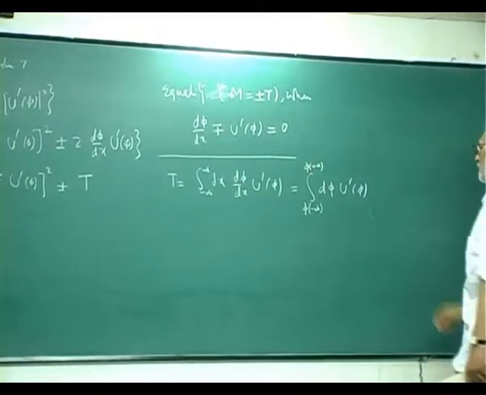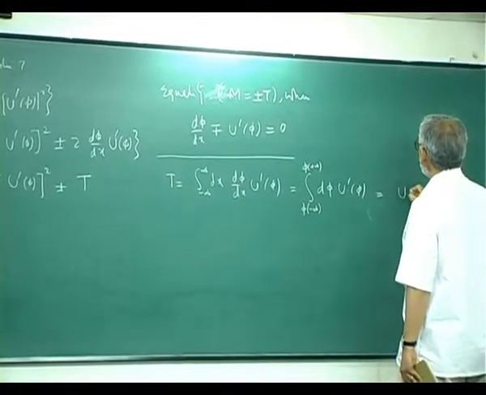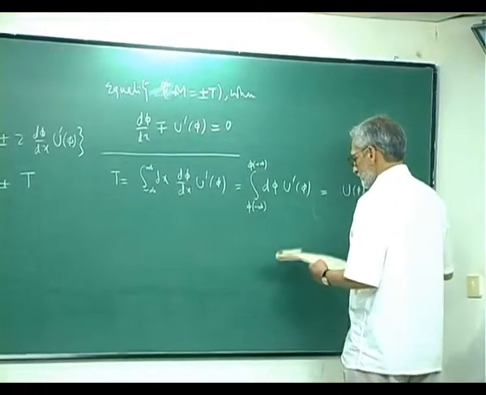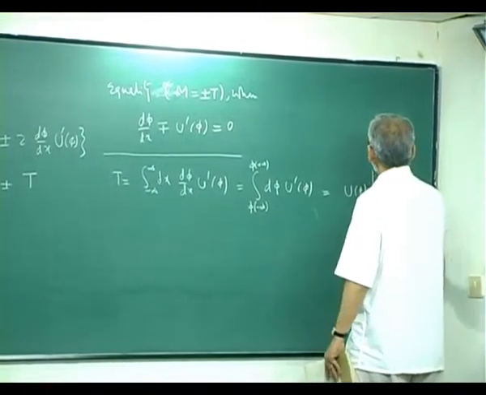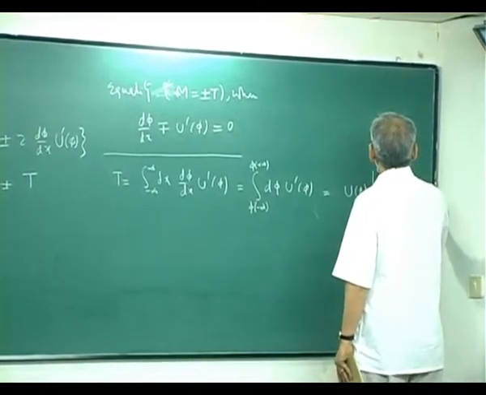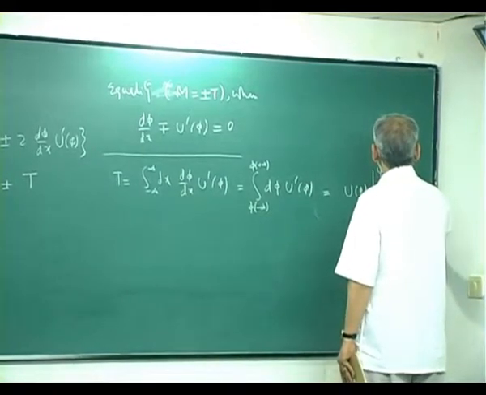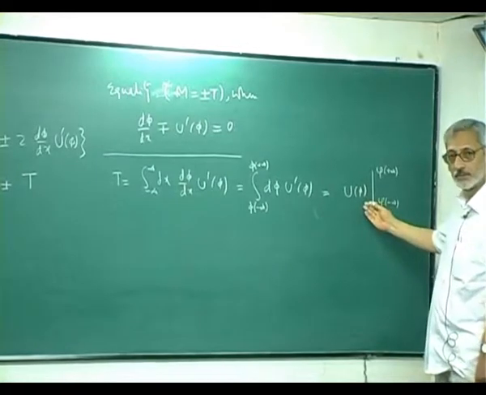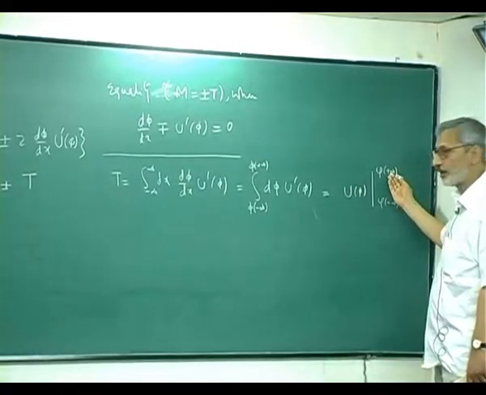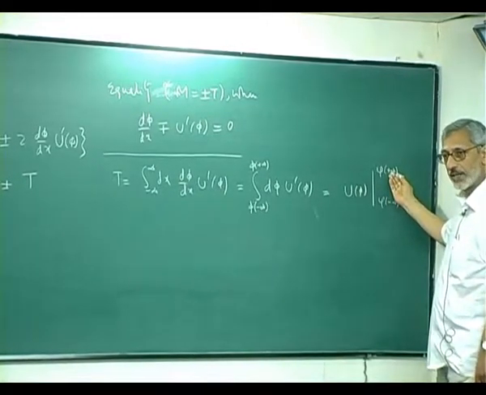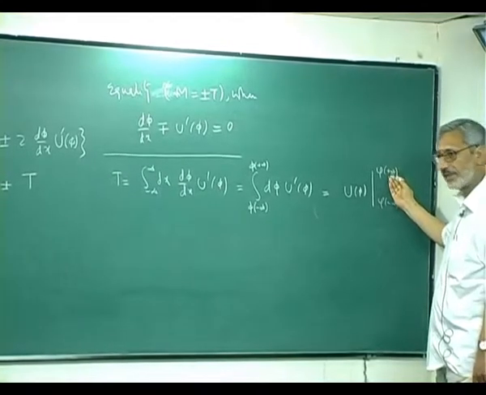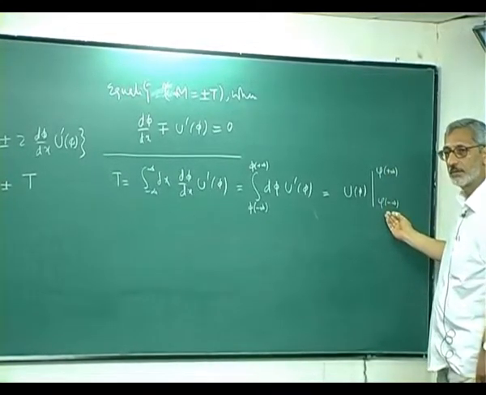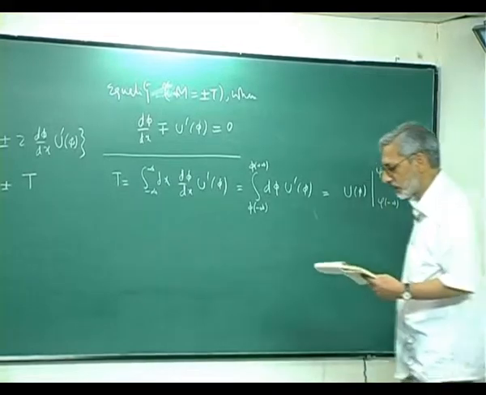And therefore it's given by U(phi) at x equal to plus infinity minus the value at x equal to minus infinity.